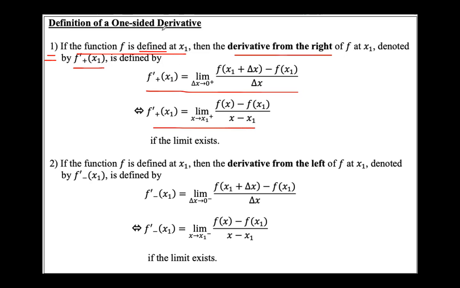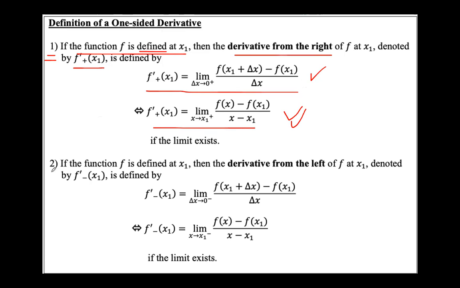This is the definition of the one-sided derivative from the right. We can use either of these two, but I prefer this one because it is simpler than the first.